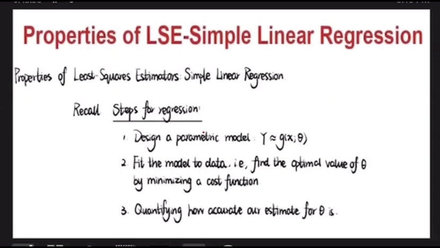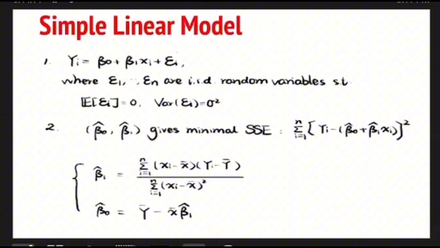Then after deriving our estimator, the next thing is quantifying how accurate they are. And if I want to know how accurate they are, then I need to look at the properties of a good estimator. If I want to look at the properties of a good estimator, then it means I need to investigate unbiasedness, consistency, and efficiency, what we've done before.